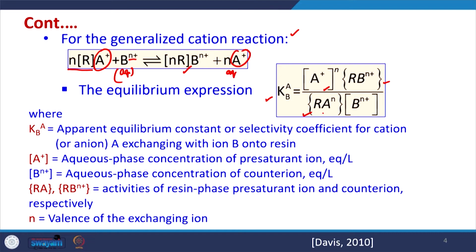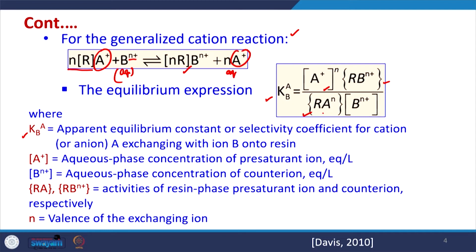So, here K is called the apparent equilibrium constant or selectivity coefficient for cation or anion A exchanging ion B with respect to the resin.